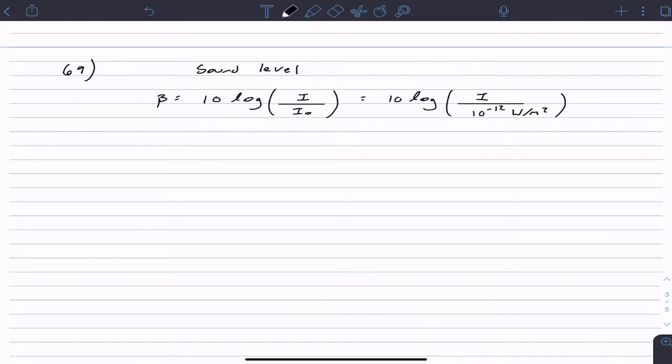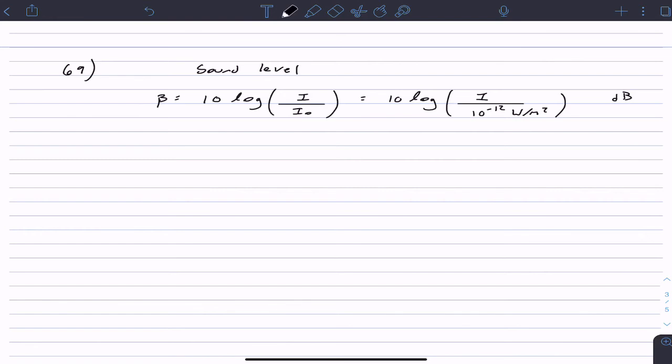Well, in the book we're also given this relationship: beta equals 10 log, this is log base 10, of your intensity over an initial intensity, which is a given value, so this is I over 10 to the negative 12 watts per meter squared, right? So this is your sound level, and the unit is decibels.